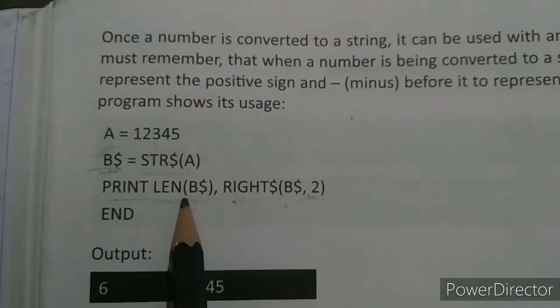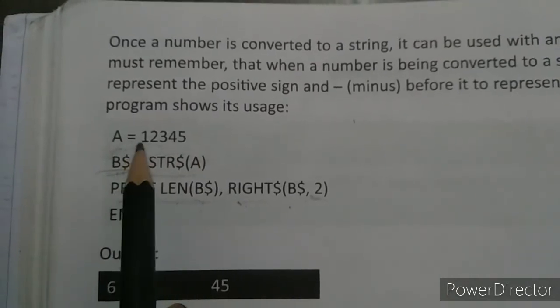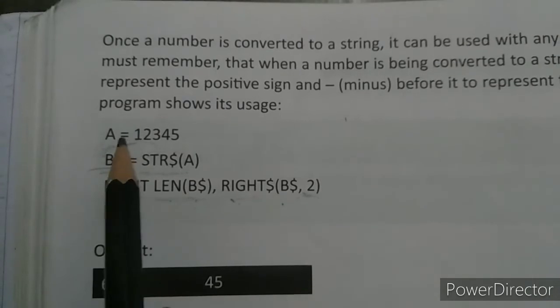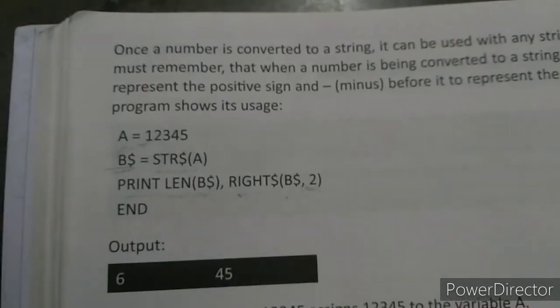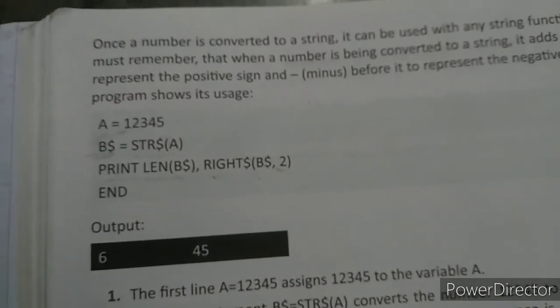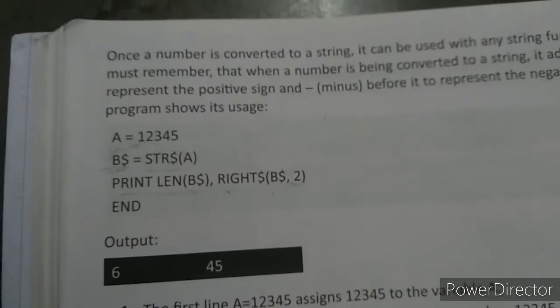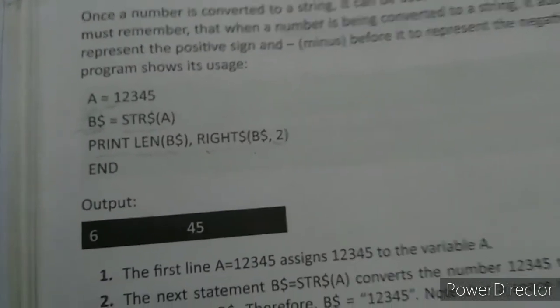So here length will give you 12345 and 1 space, so this will be 6. When we use the STR$ function for a number, it adds one extra space before it for the plus or minus sign.